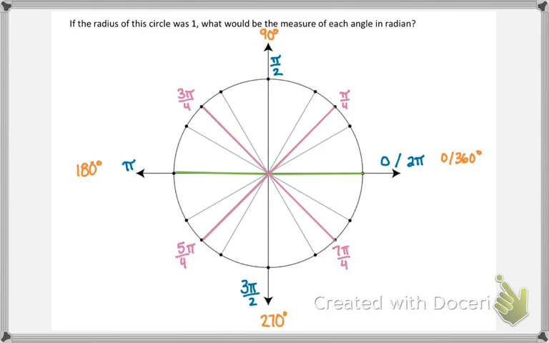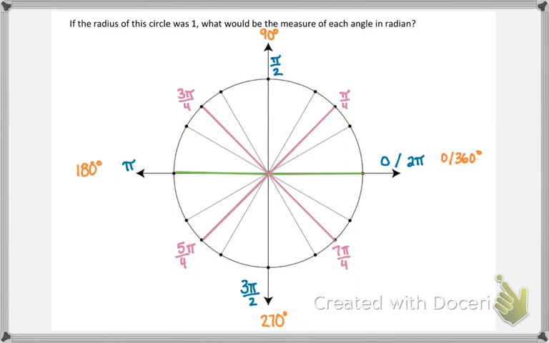Okay, how about this one right here? How about these little ones? It looks like this one is, if I take my semicircle, 180 degrees, is pi radians. It looks like I can cut this into 6 equal sections, and each one of these angles represents 1/6 of that circle.